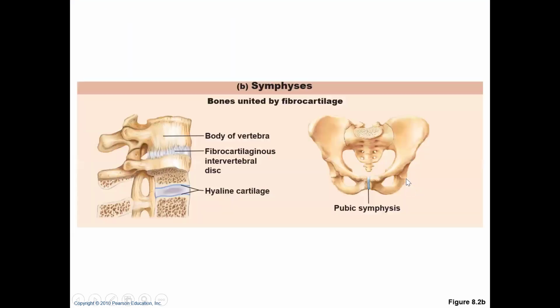Then we have another example of a cartilaginous joint called a symphysis, but the main cartilage between the two bones is fibrocartilage. Granted, you've got a little hyaline cartilage at the end of your vertebrae, but the disc itself is fibrocartilage to absorb compression. And then you also have padding in between your coxal bones, which are your hip bones, called the pubic symphysis.